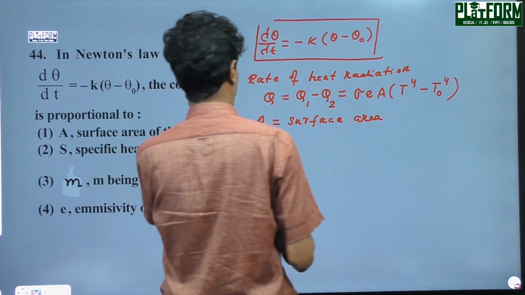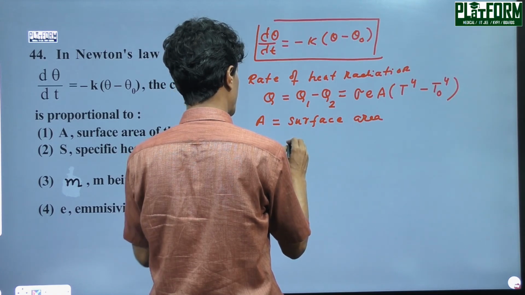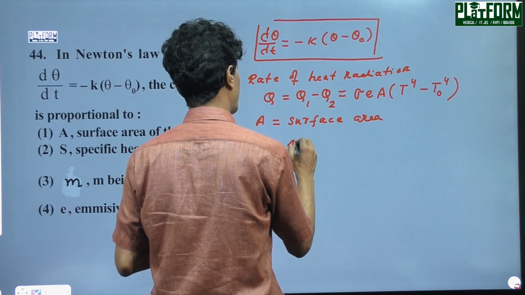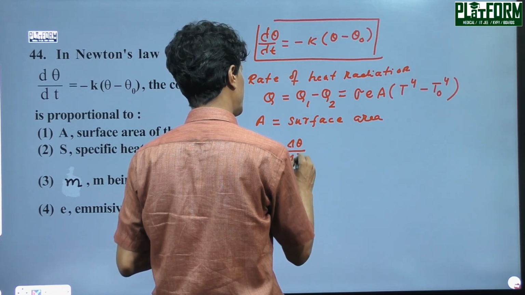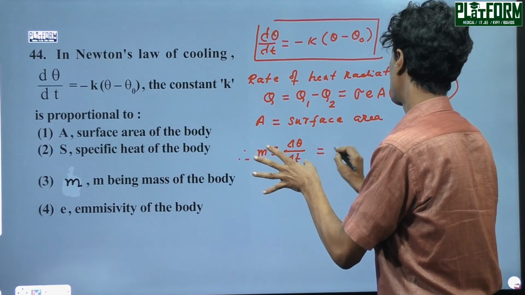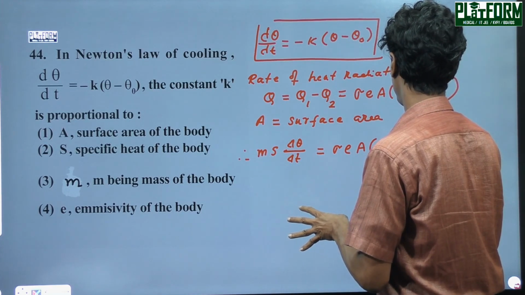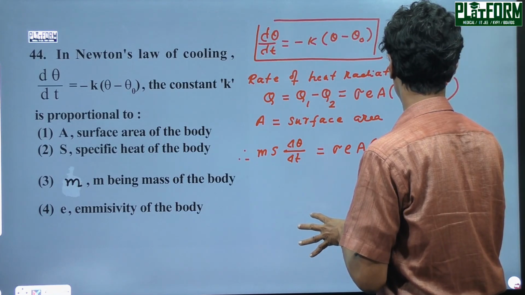Therefore M S del theta by del t is equal to sigma E A into T to the power 4 minus T naught to the power 4.